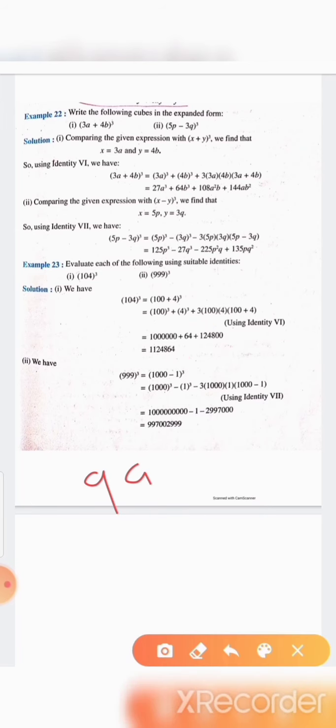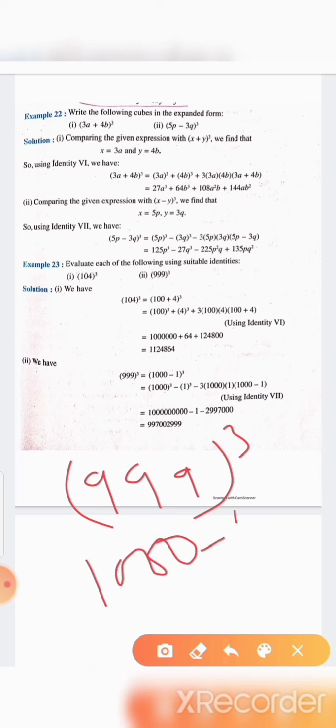Next, 999 whole cube. Here the number is big, so it is nearest to 1000, 1 less than 1000, meaning (1000 minus 1) whole cube. Here we use identity number 7, (x minus y) whole cube. X is equal to 1000 and y is equal to 1.